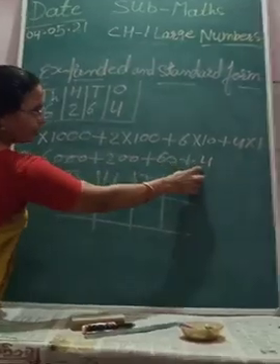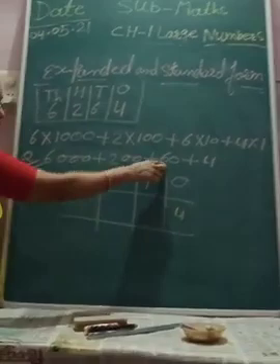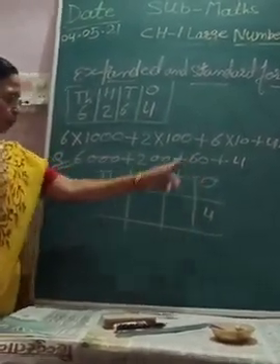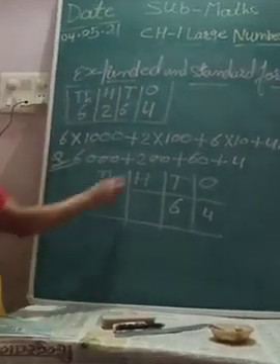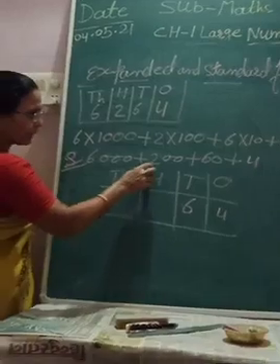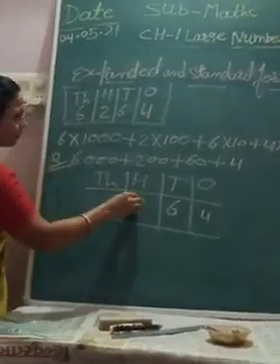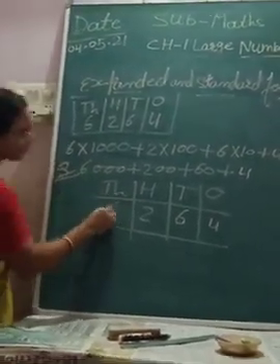So now see, 4 is on the 1's place, so you have to put 4 here. 60 is on the 10's place. 60 means 10 times 6, so you have to write 6 here. Then after that, on the 100's place there will be 2. Then which digit will be on the 1000's place? 6.